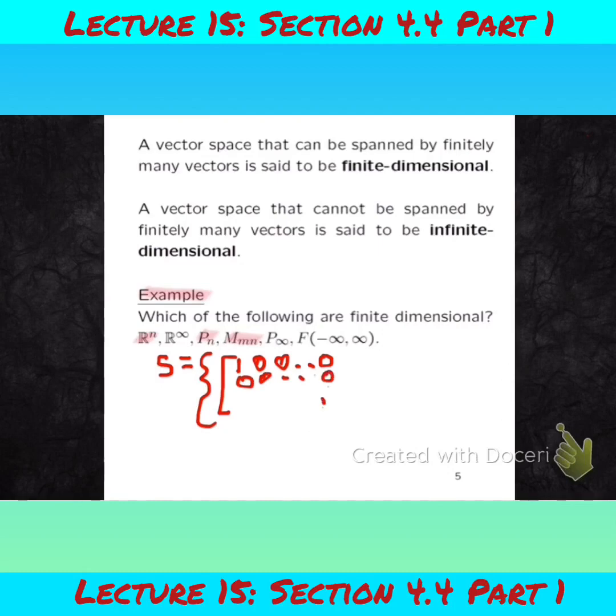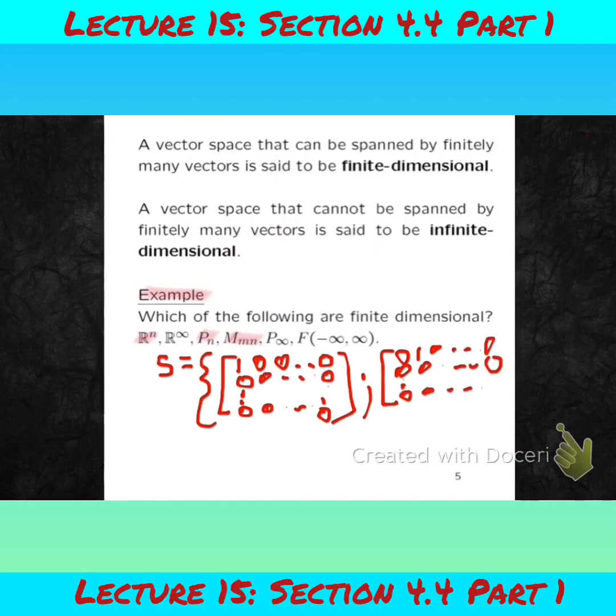So you go through all the entries and all of them are 0. And then the next entry is going to be 0, 1, and you're going to make all the others 0. You're going to construct your whole set from matrices that look like this.